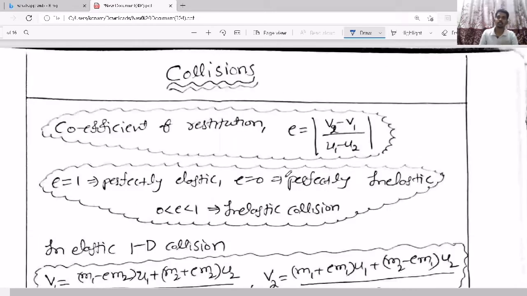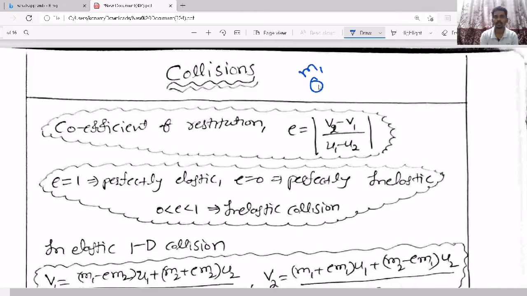Now, after this, in the same chapter, they will also ask questions based on collisions. If you consider collisions, they will ask very direct questions. So please try to understand here. I am explaining in a simple manner. When one body of mass m1 is moving with a speed u1, and another body of mass m2 is moving with a speed u2, after collision their velocities become, suppose, v1 and v2.